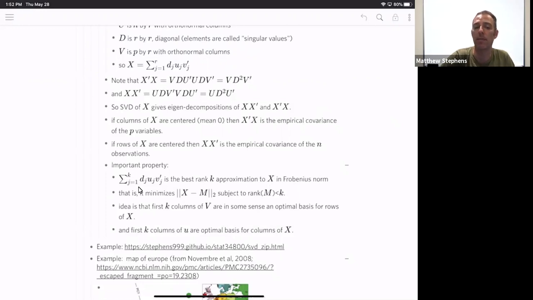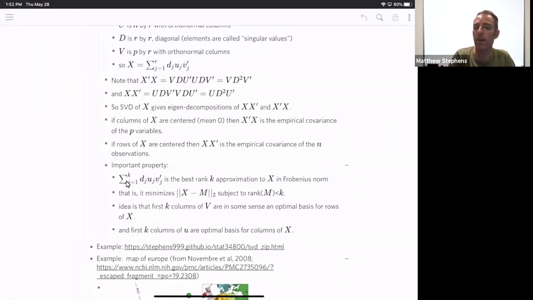So you just take the sum of the squared differences between this matrix and the X matrix at each element, square them, sum those squared values. That's the Frobenius norm.